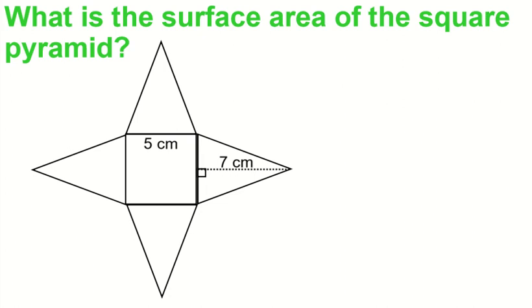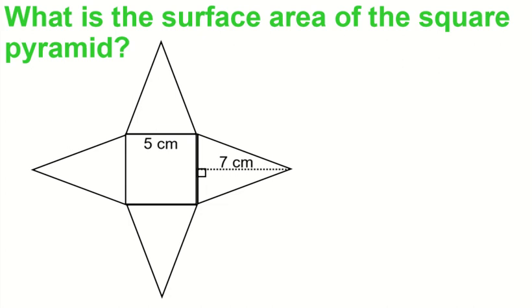All right, so we got 4 triangles and a square. They like square pyramids. They usually like them with decimals on them, though. Okay? So good chance you see one with decimals also. When it's calculator active, it doesn't really make a difference, though. It's still doing the same thing.